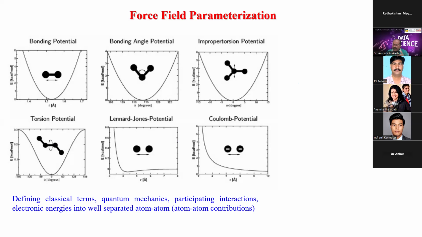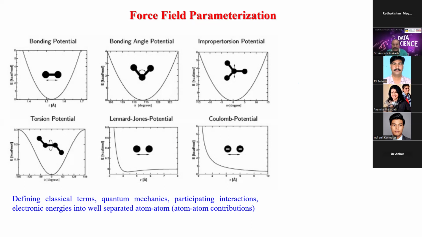If some atom is attached to the carbon, its weight and volume will influence the carbon-carbon interaction. So when we apply the force field, it will rotate, and that is actually what happens in nature.